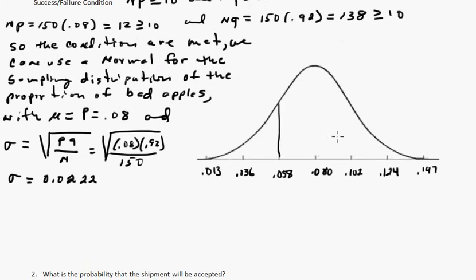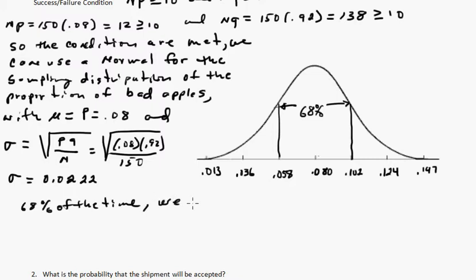Well, 68% of the time we expect between 5.8% and 10.2% bad apples.